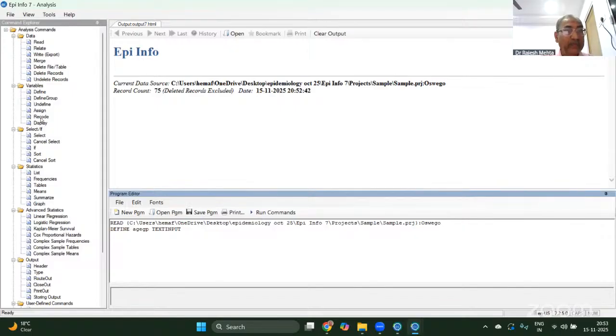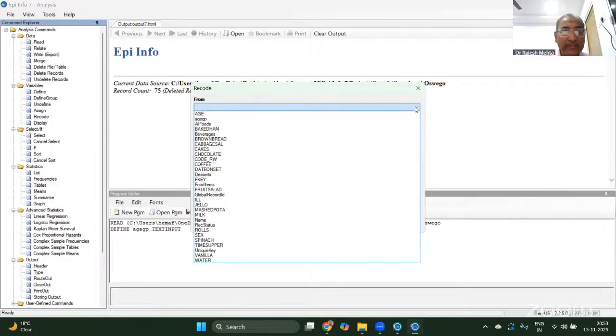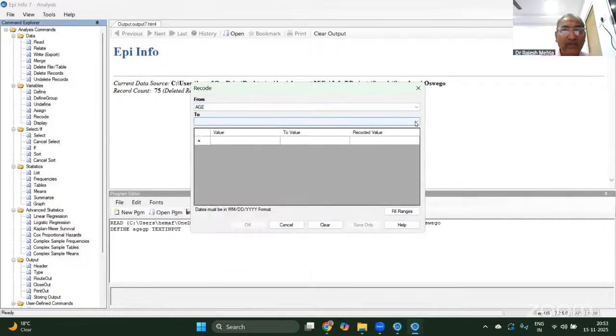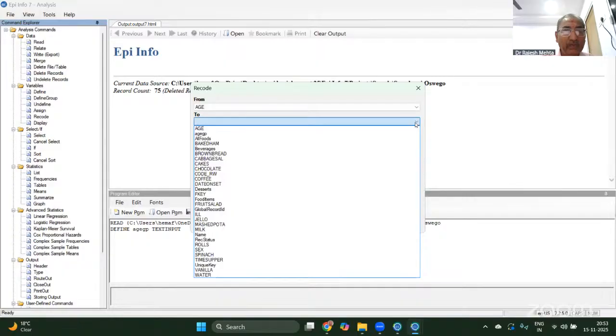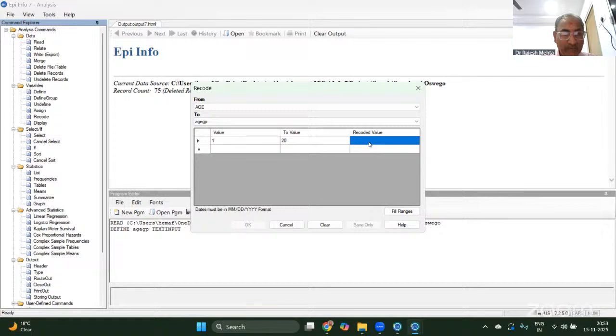Now, recode age to age group value 1 to 20, recoded value 1 to 20.